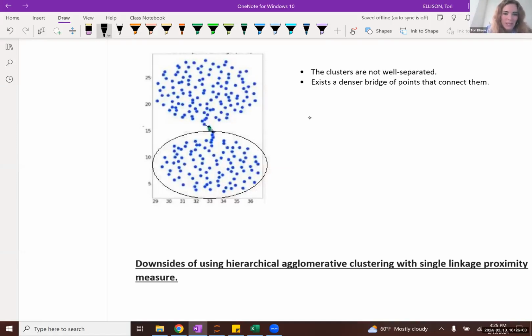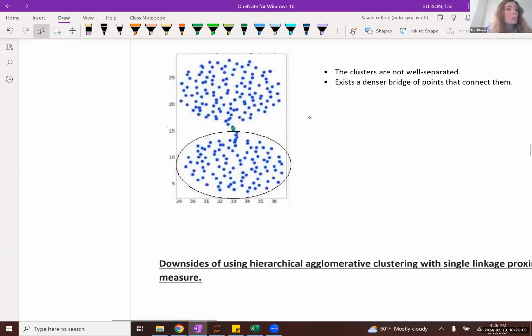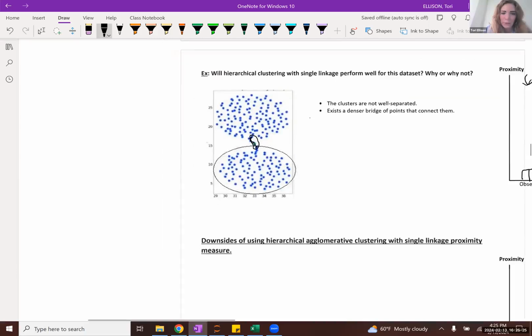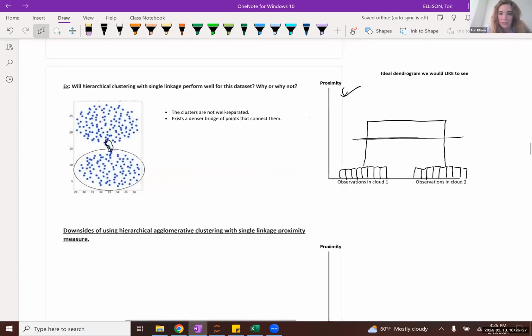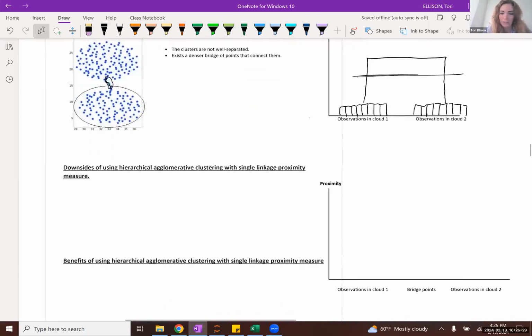We can see that because the points here in the bridge are all comparatively much closer to each other than the observations in the main clusters, these are going to be the points that link up first. They're going to link up in this connected path of very close points. So some of the first few merged clusters or sets of observations are going to be those in the bridge here, and they're going to look something like this in the dendrogram.